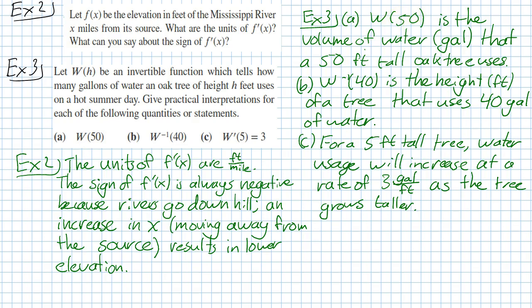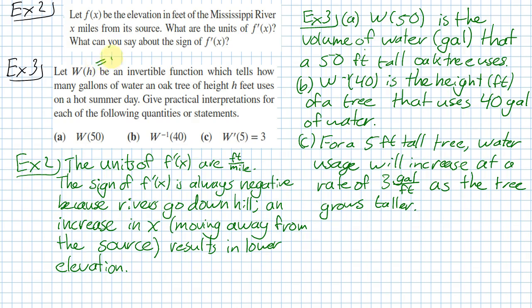this function, is the volume of water in gallons that a 50-foot tall oak tree uses on a hot summer day. So remember, W inverse, let's remember what the inverse function does.